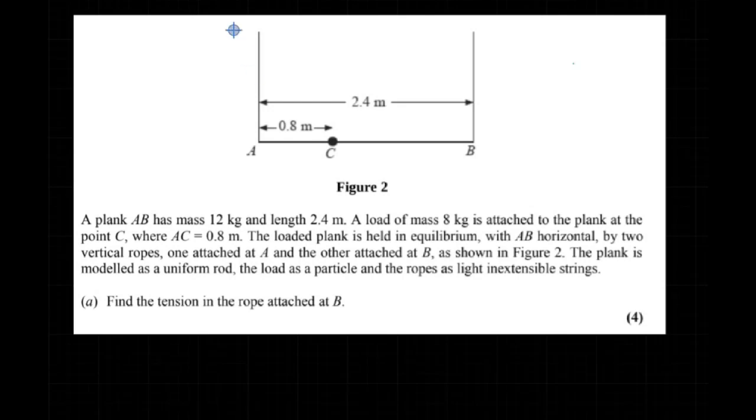I'm going to mark the forces onto the diagram because they're not shown in the question. So we've got a tension TA in the string at A and TB in the string at B. We've also got 8 kilograms at C. I'm writing 8G because we need to multiply by gravity, and the mass of the beam is 12 kilograms, so I'm writing 12G.